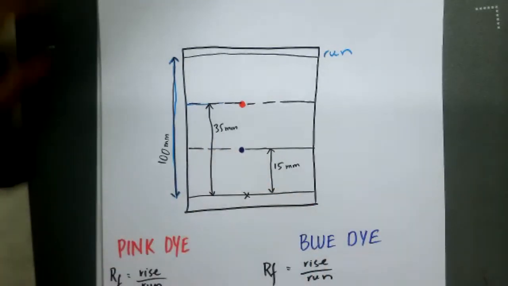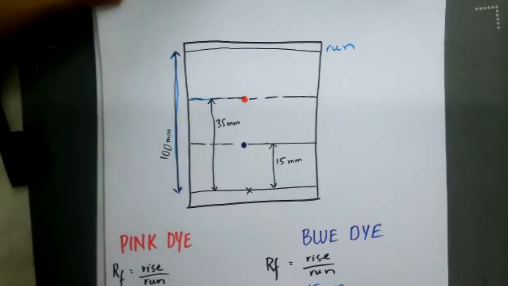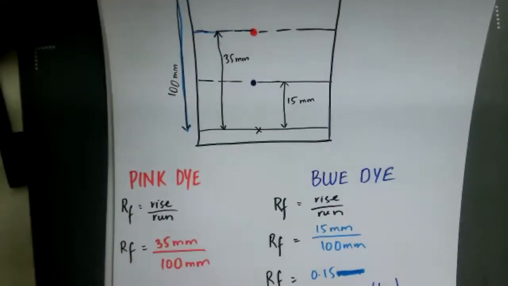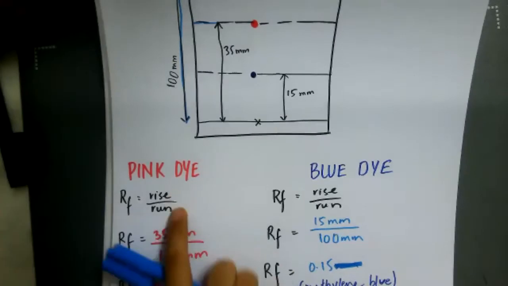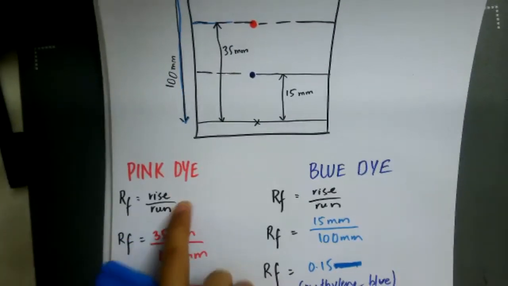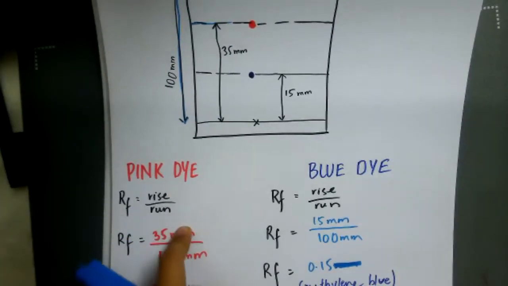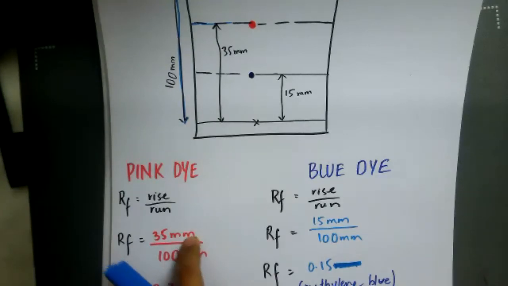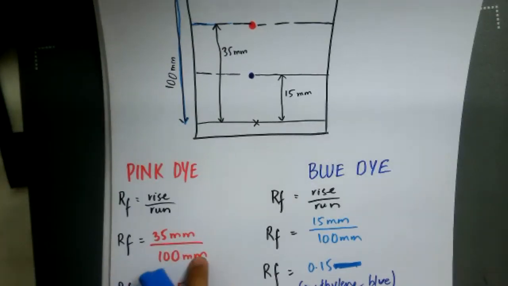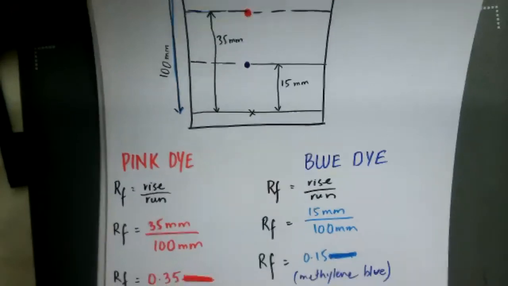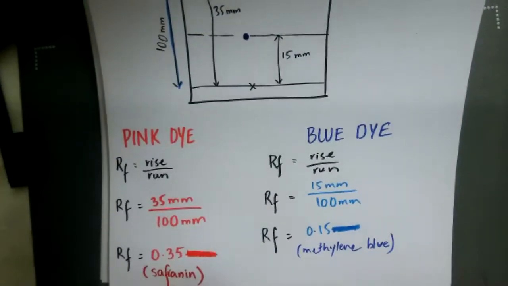So then using this formula, I'm going to calculate the RF value. The rise over run, and the rise for the pink dye was 35 millimeters. The run was 100 millimeters, and so my RF value is 0.35.